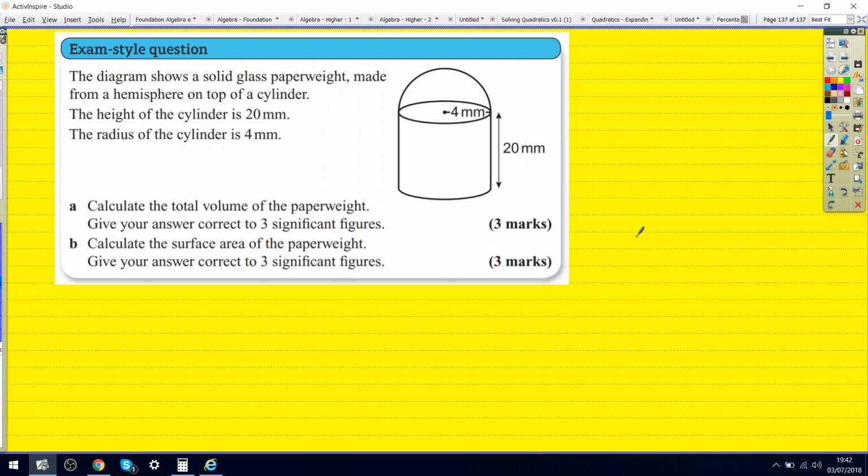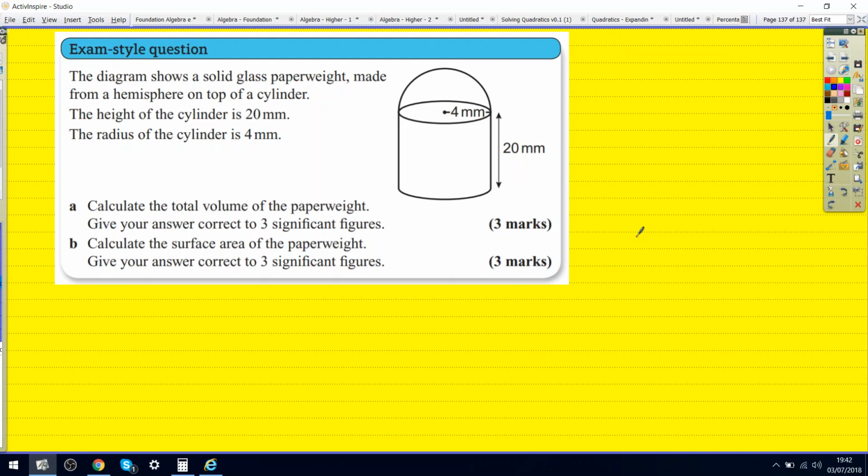That would be 16 pi, and I'll keep them all in terms of pi until the end so I can round it. So 16 pi, and then we want pi d, which gives us 8 pi, and pi d times 20, so 8 pi times 20 gives us 160 pi.